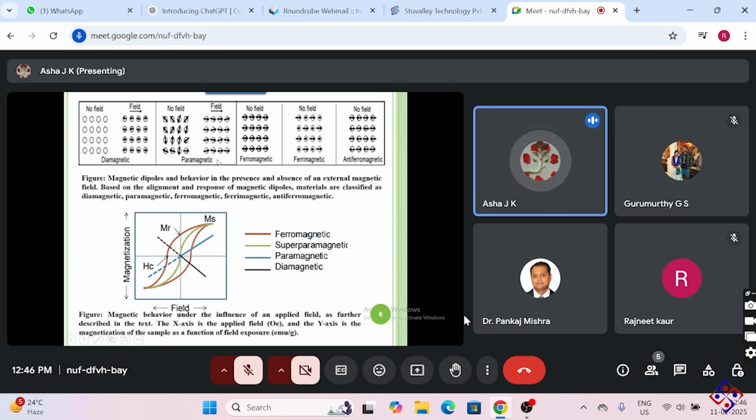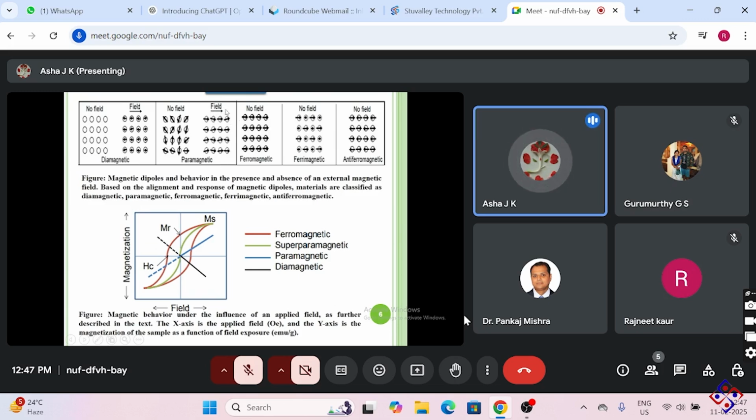Next, in the case of paramagnetic materials, when there is no magnetic field, dipoles are oriented randomly. In the presence of a magnetic field, dipoles are aligned in the direction of the applied magnetic field.